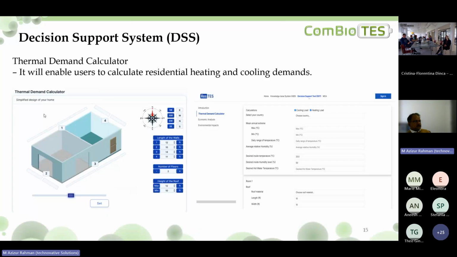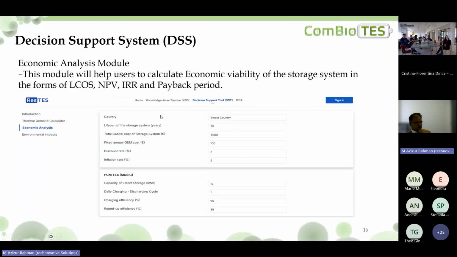These are some of the screenshots we have for the demand calculator and some parameters. We also see that these decision support tools include economic analysis. The user can define their values and get the output. The idea of these tools is that we are not developing parameters only for this ComBioTES-specific storage system.